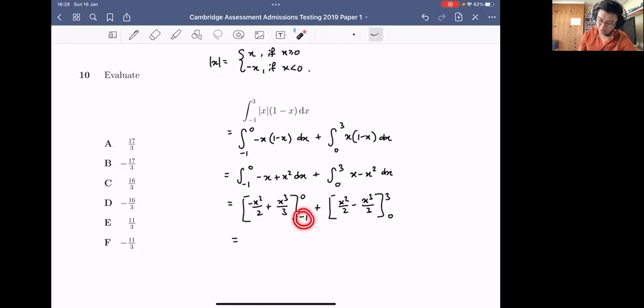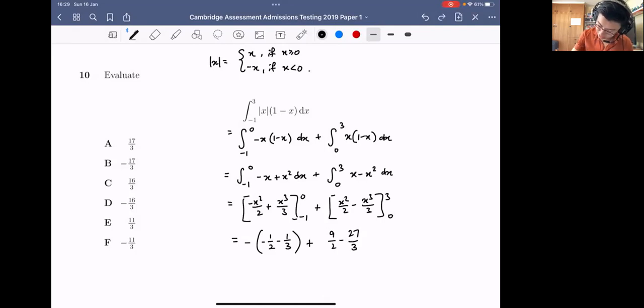So let's just put -1 in. Remember to put a minus sign at the front because -1 is the second endpoint. So minus a half. -1 cubed is -1 again. So that's minus a third. Then plus 9 on 2 minus 27 on 3.